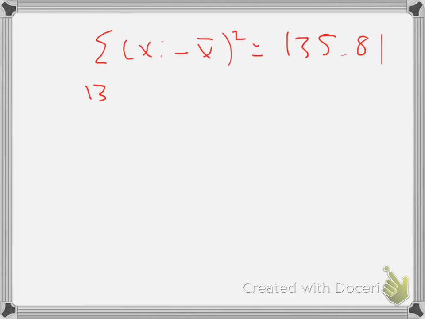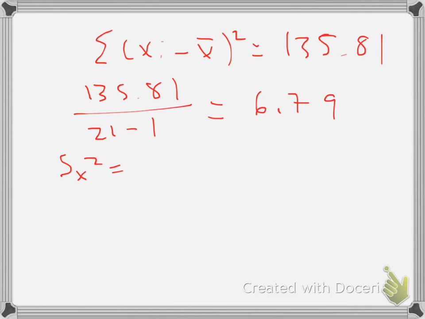So n minus 1, there was 31 days, so I'm going to divide by 30, and I got 6.79.